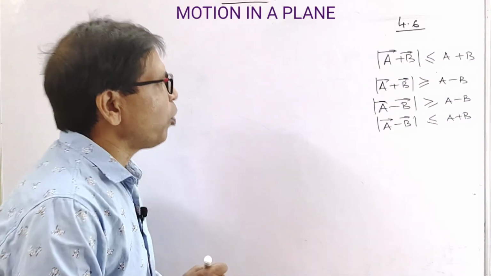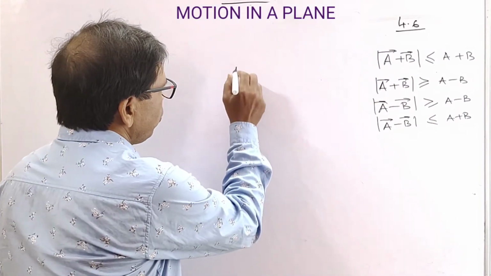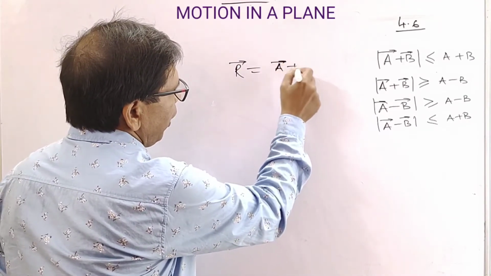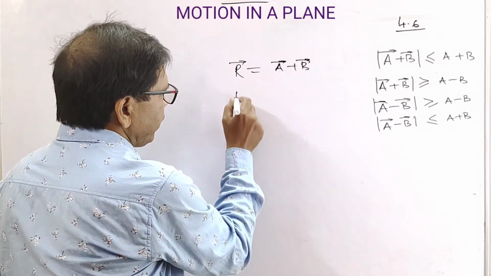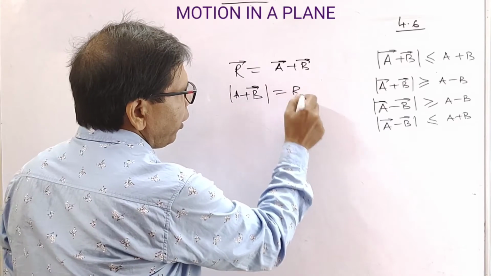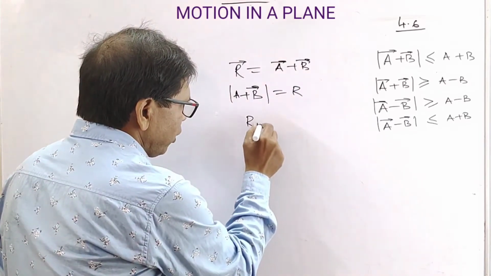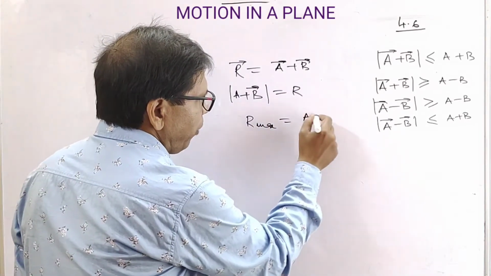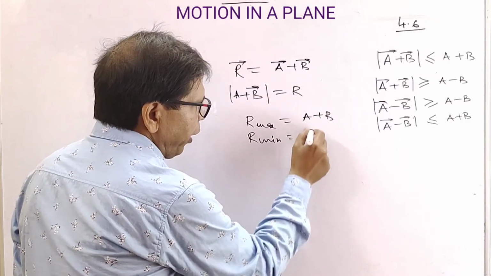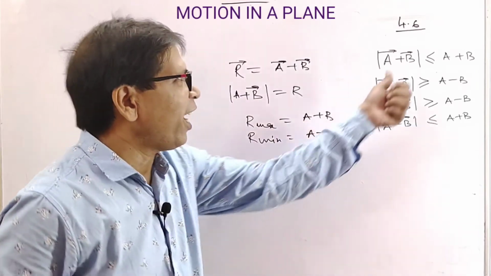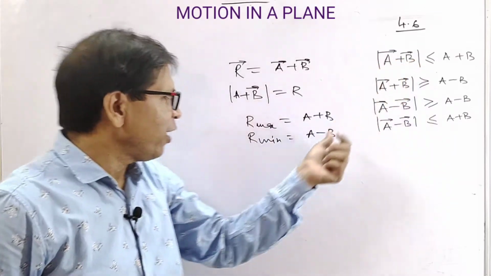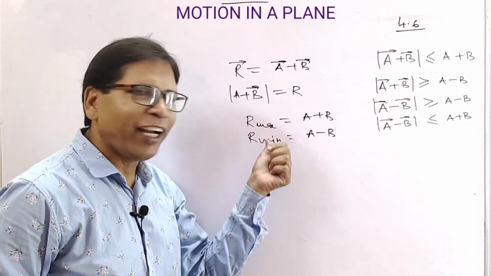Now look at this, first of all we know R vector equals A vector plus B vector. So modulus of A vector plus B vector is equal to R. Now R max equals A plus B, and R minimum equals A minus B. So R, that is the magnitude of A vector plus B vector, lies between R max and R min.